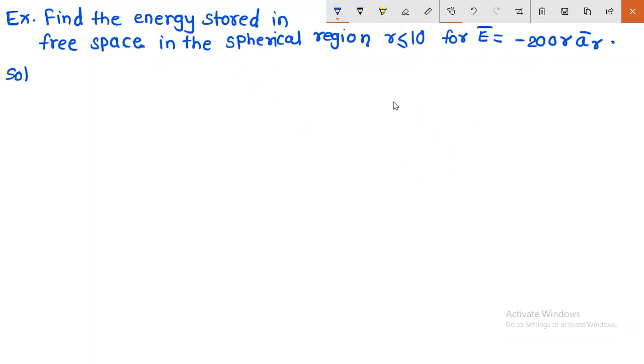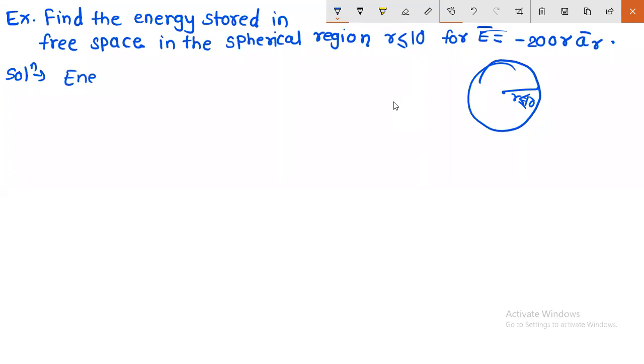So, solution. What is given here? Find the energy stored. So we have to find this W_E in free space in spherical region. In spherical region, one sphere is there for r less than or equal to 10, means its radius is r less than or equal to 10, and E bar is given as minus 200 R into A bar R. So what is the formula for energy stored?